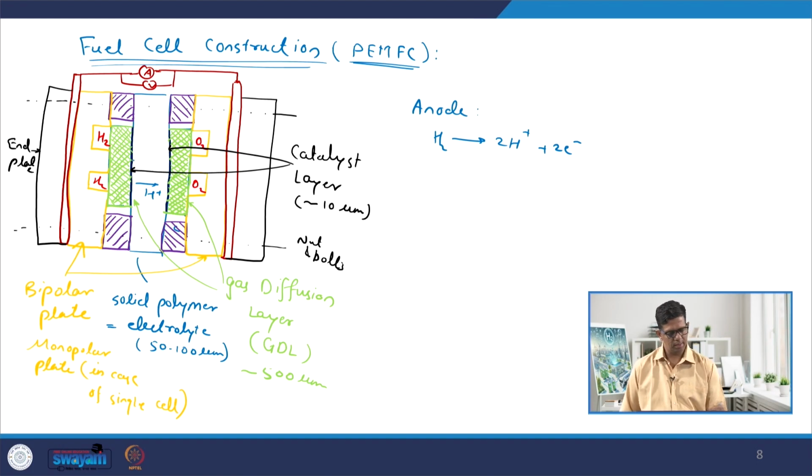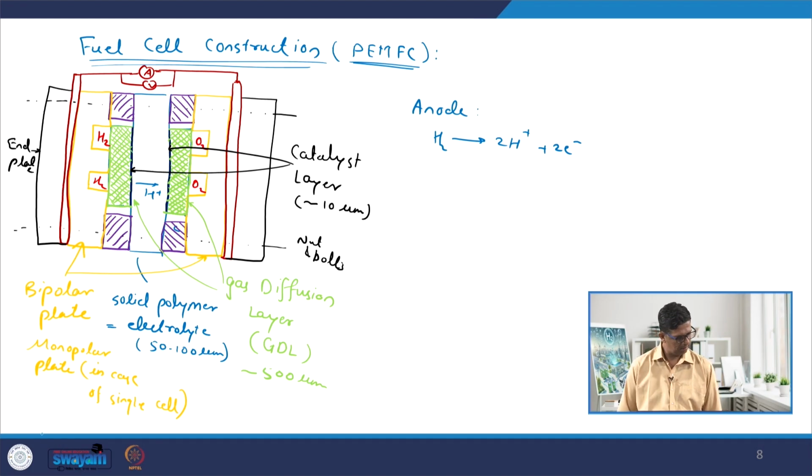Whenever we have this oxidation of hydrogen that takes place at the catalyst layer, which is present at the anode side, the electrons, once they are generated, jump back towards the gas diffusion layer, which is also very highly electrically conducting. And once they reach the gas diffusion layer, these electrons are again taken to this monopolar plate, or bipolar plate in case of the stacks, and through this plate they are again taken towards the current collector.